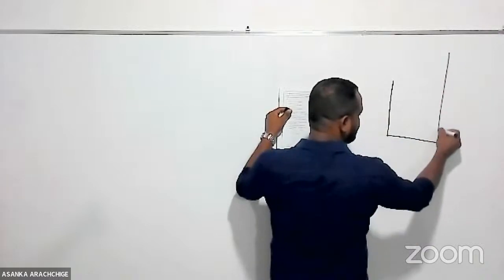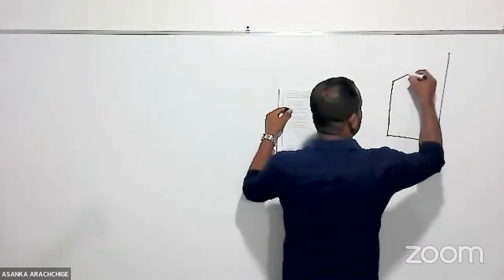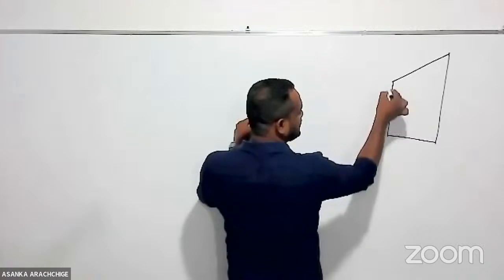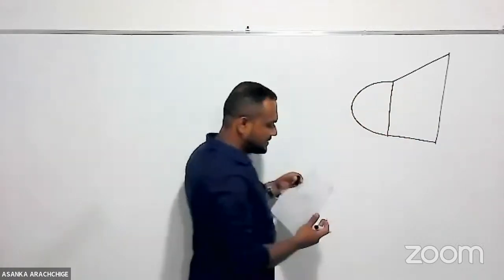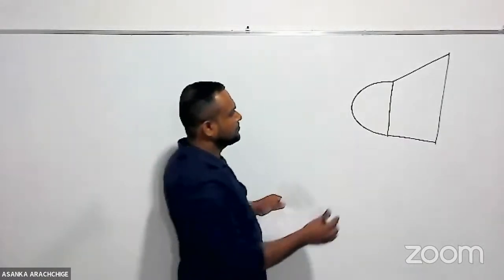This part is in the shape of a trapezium. This part is in the shape of a semicircle, right?